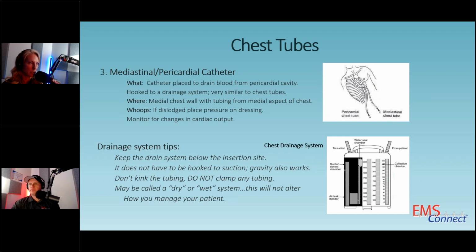So don't clamp the chest tube. You want to leave it open to that negative air pressure, and it's doing its thing. So just don't clamp it, don't elevate it, just simply hang it off the side of your stretcher and roll with it, and be mindful of that little box, and don't pull it out. Don't drop it.